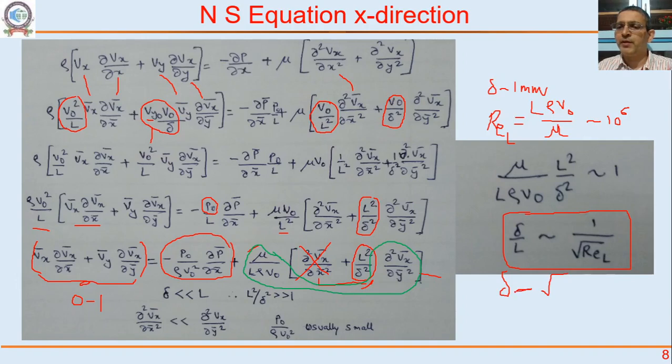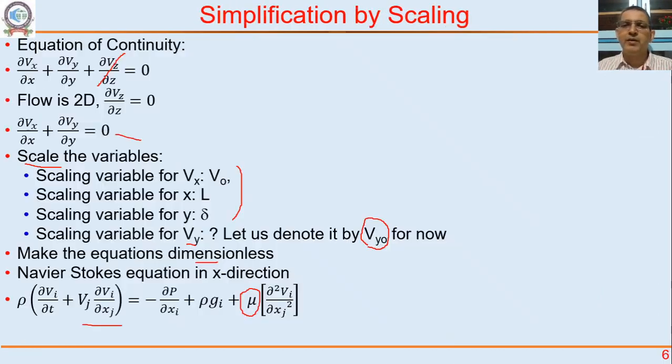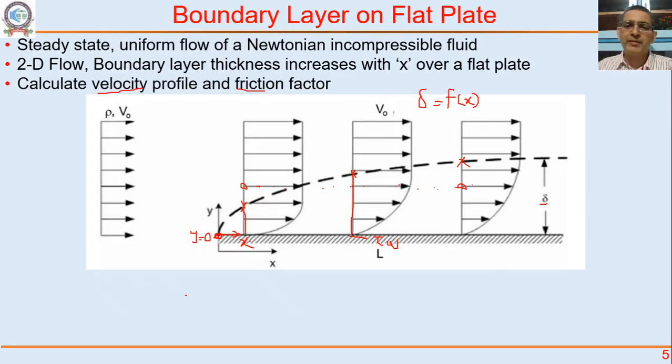I'm going to write the proportionality sign. Square root L. You bring L on this side, REL is L rho V naught by mu, so delta is going to be proportional to square root L. Not only have we been able to get a magnitude of delta, we also know how delta is going to vary with L. Suppose L was this much, we will have this much delta. Delta is going to vary as the square root of the length of the plate.